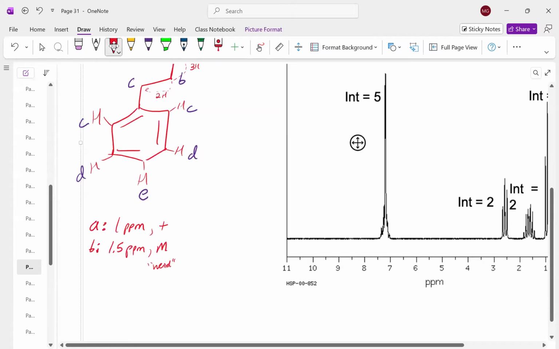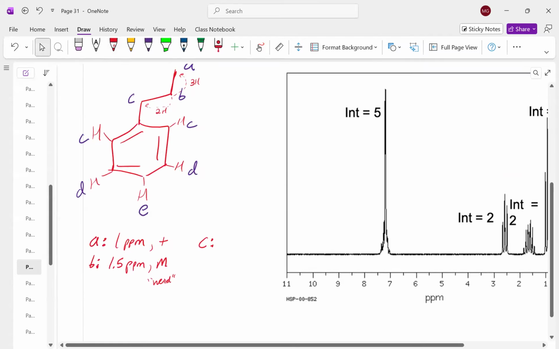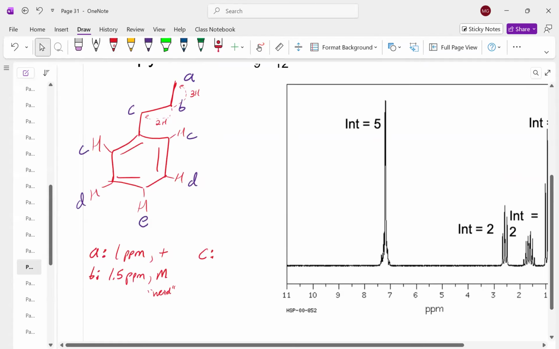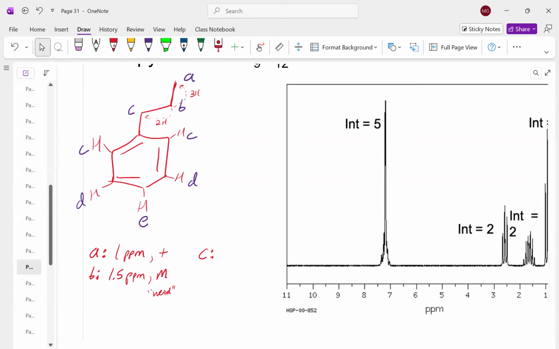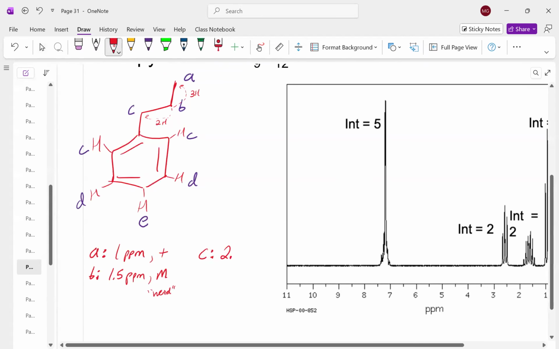All right, now let's look at C. C is interesting because it's benzylic. Not only that, it's got extra carbons like B and A around it. Normally benzylic starts at around 2-ish, 2.1. I'm going to say maybe a little bit higher than that because of the extra carbons.